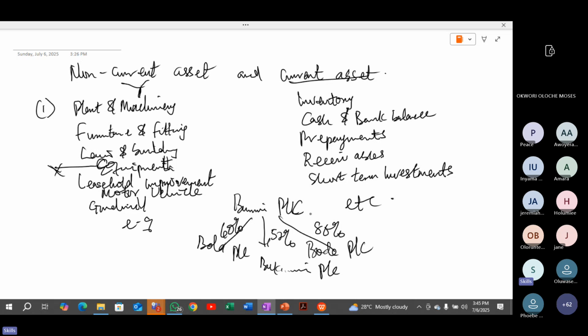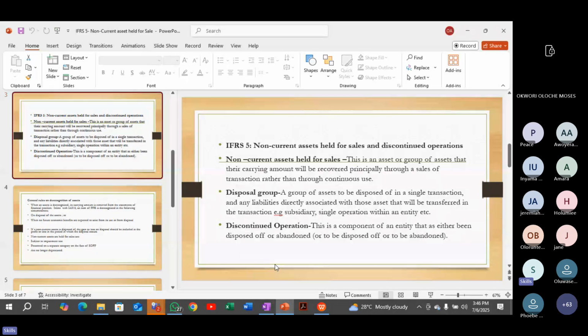So if you are selling off this Bode PLC, that means I will write it off from my account. So now, without wasting our time, we now have disposal of group. Are you getting me now?